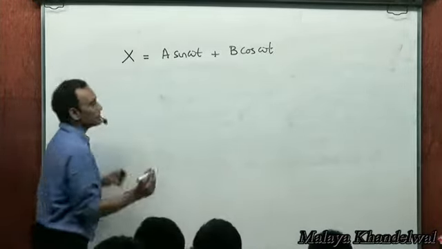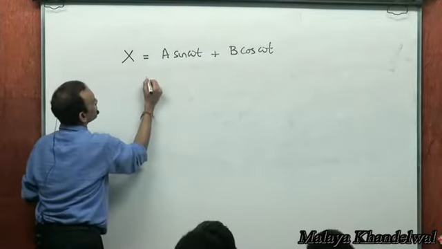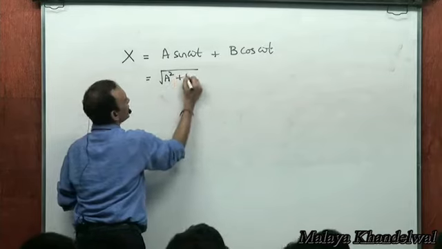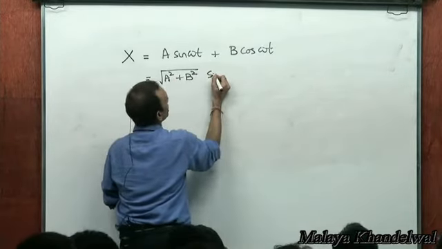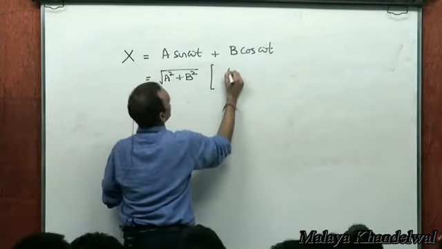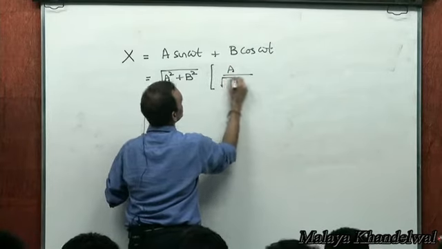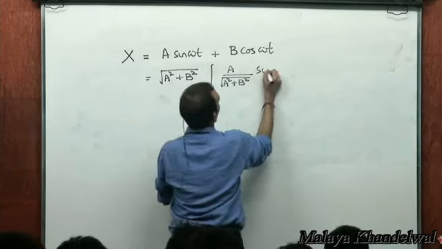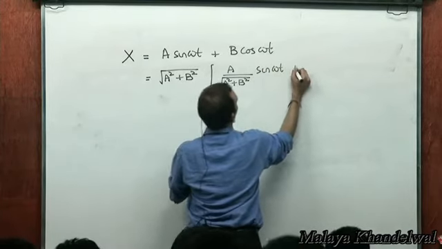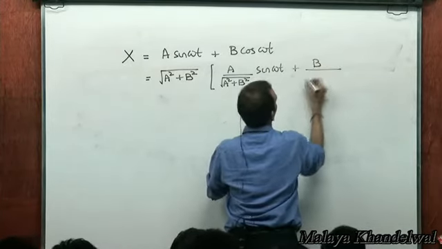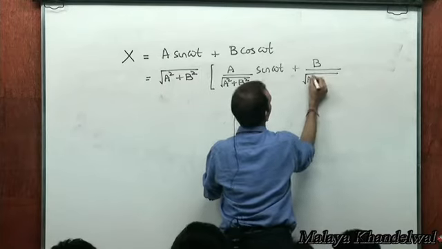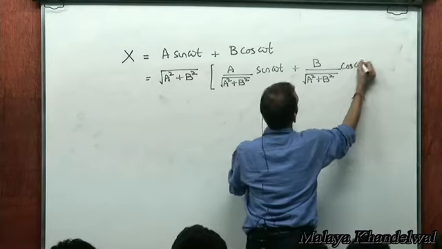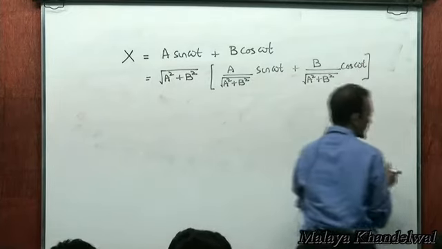Now this could have been written as root a squared plus b squared into a by root a squared plus b squared sin omega t plus b by root a squared plus b squared cos omega t, right?